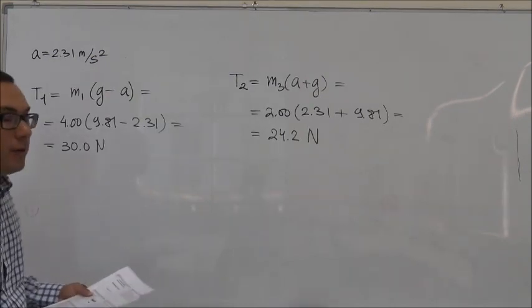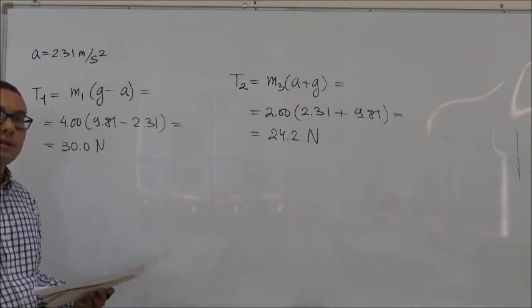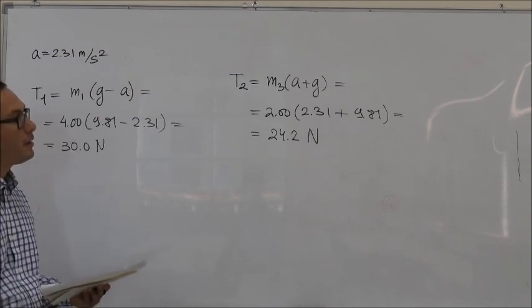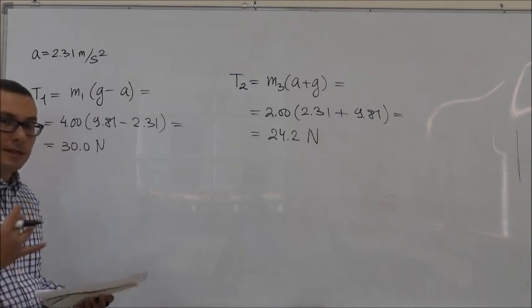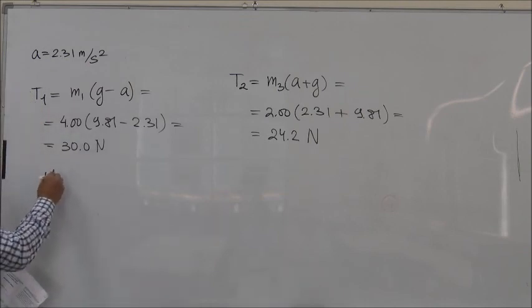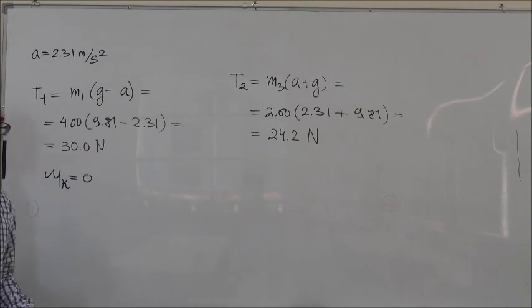In part D of the question, we need to answer what would happen to the tensions in the cables if the tabletop was smooth. When we say that the tabletop is smooth, we mean that the coefficient of kinetic friction is basically 0.